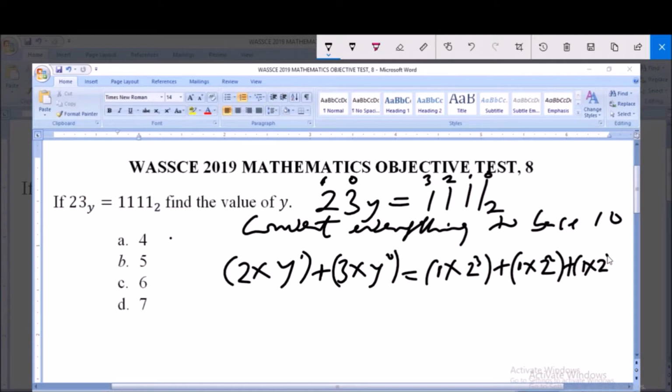If we solve further, 2 multiplied by y raised to the power of 1 is 2y, plus 3 multiplied by y raised to the power of 0.